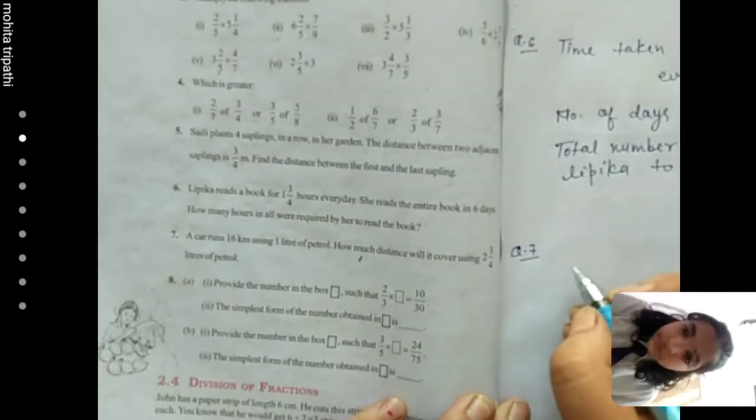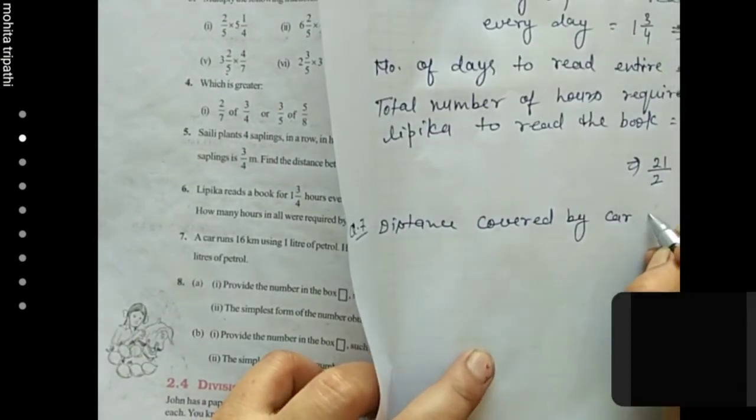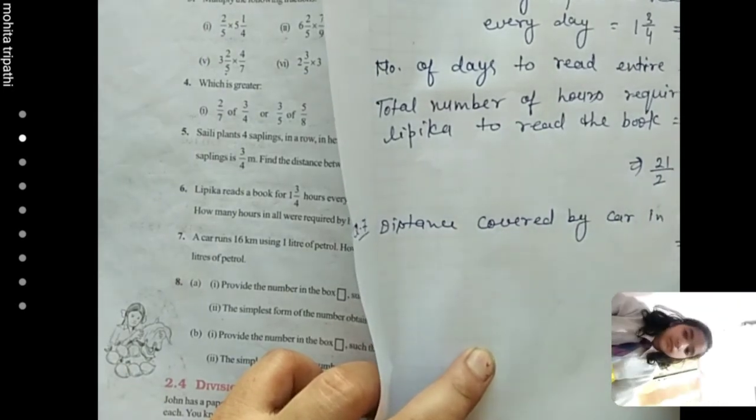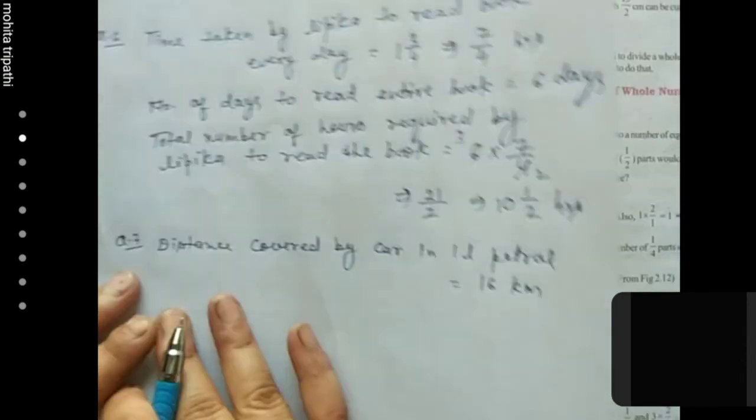Question number 7 is, a car runs 16 kilometer using 1 liter of petrol. So the distance covered by the car in 1 liter of petrol is 16 kilometer. Now the question is, how much distance is covered using 2 whole 3 upon 4 liter of petrol?